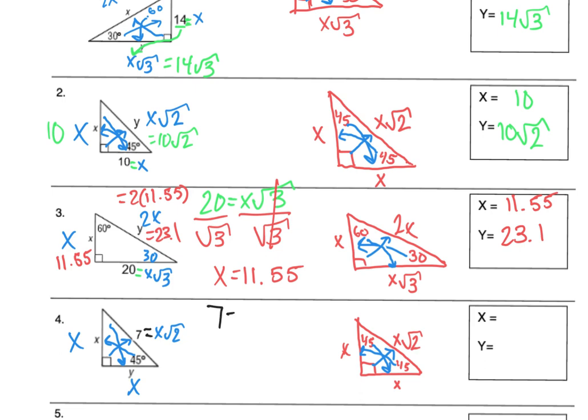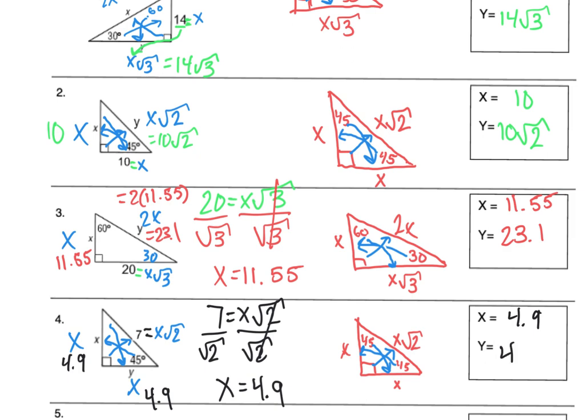We have 7 equals x radical 2. The x is not by itself, so we need to divide both sides by radical 2. Whatever you do on one side, you do to the other. That gives us 7 divided by radical 2, which is about 4.9. Round to the first decimal here. So this side is 4.9, and this side here is also 4.9.